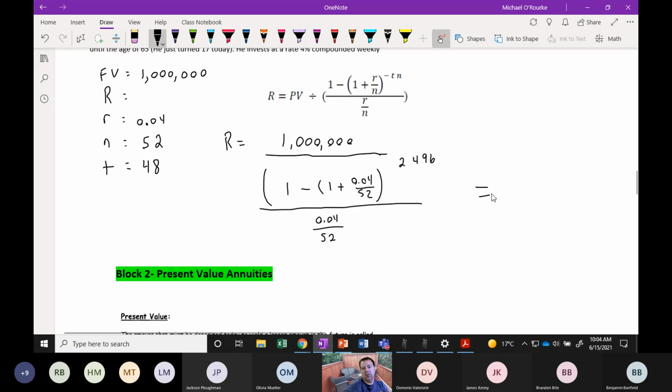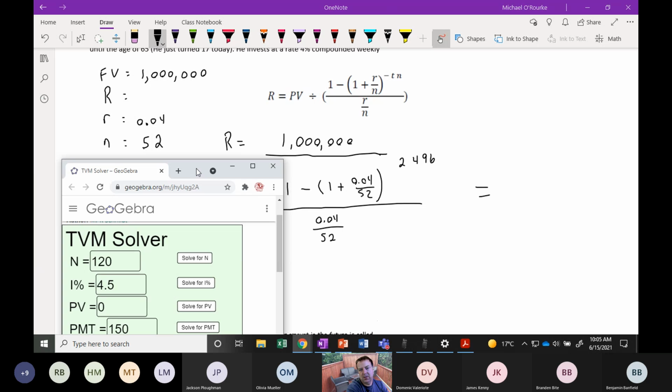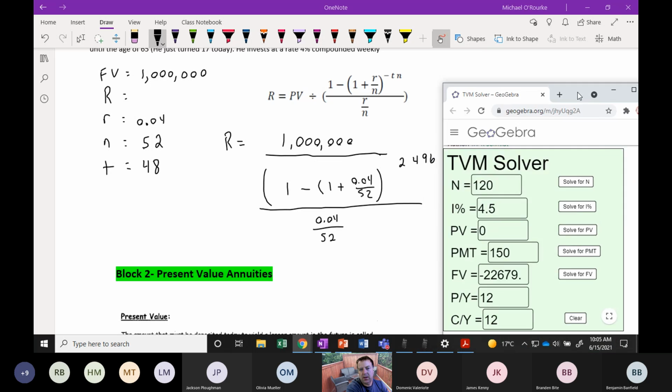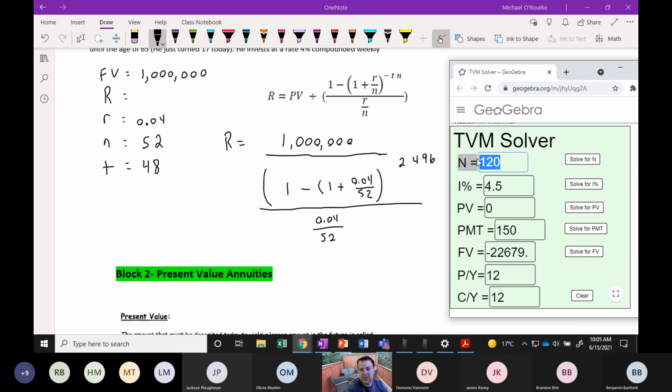So let me do it on my TVM solver so I have an answer first, and then I'll come back and do the calculations. My total was 2,496. I have an interest rate of 4%. I have a previous value of 0.